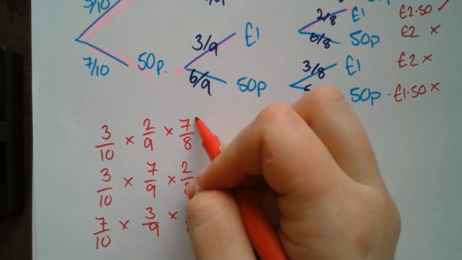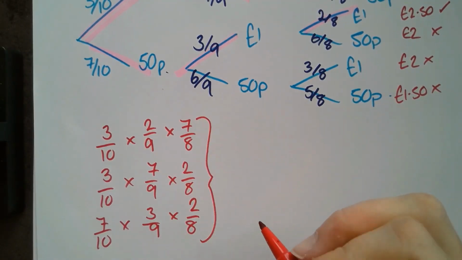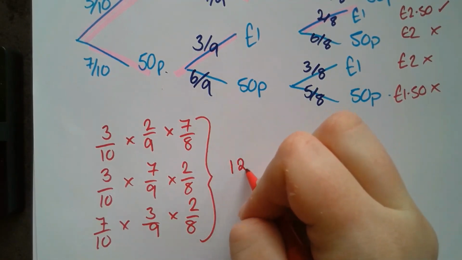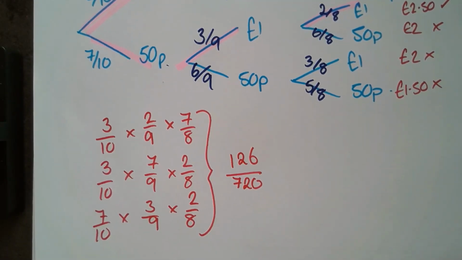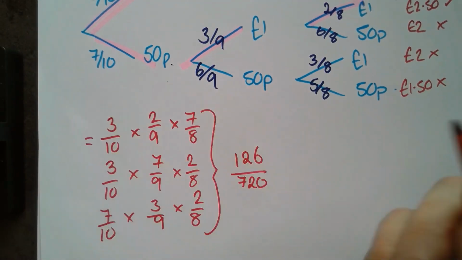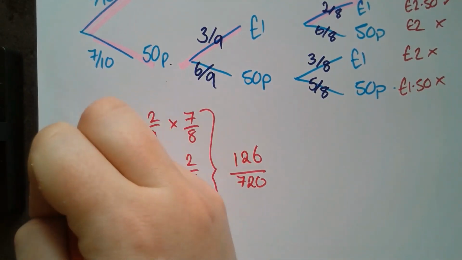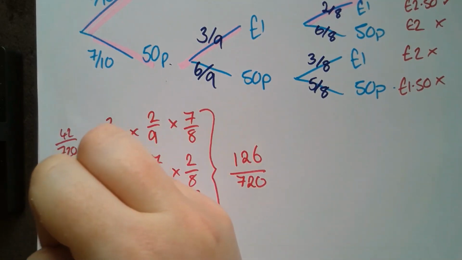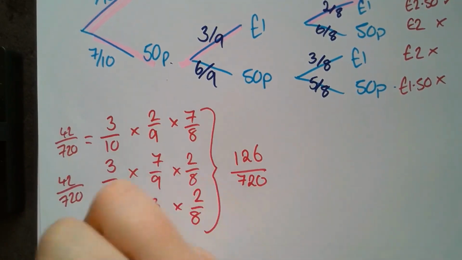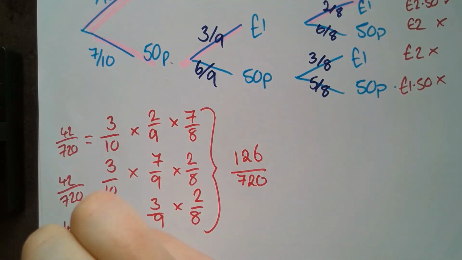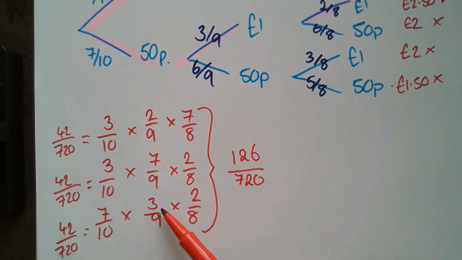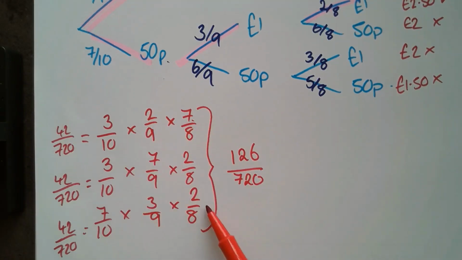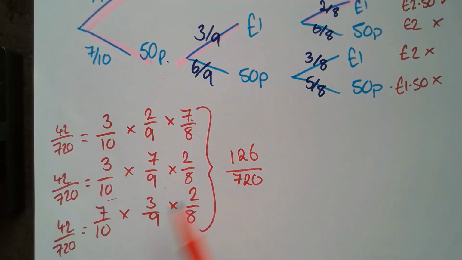If I multiply those and then add them together, I'm going to end up with 126 over 720. This one was 42 over 720, again 42 over 720, and again 42 over 720. This is because all of my fractions have got a 3 somewhere on the numerators, a 7 and a 2 as well, and then the same denominators, 10, 9 and 8. So they're the same fraction, they're just in a different order.